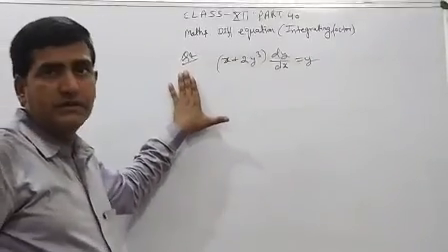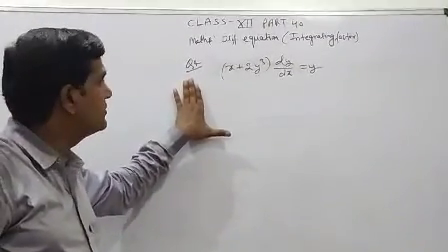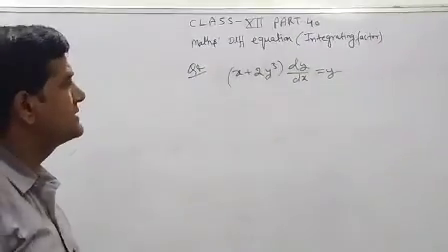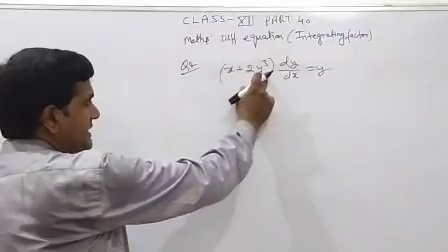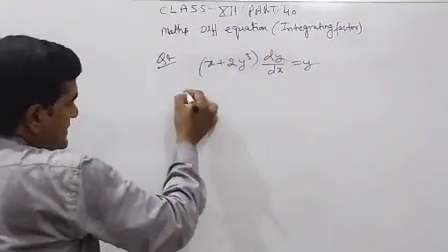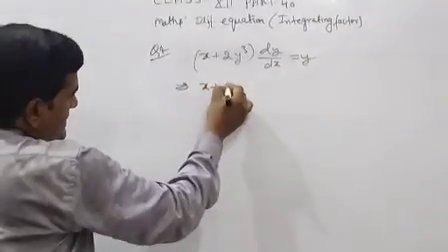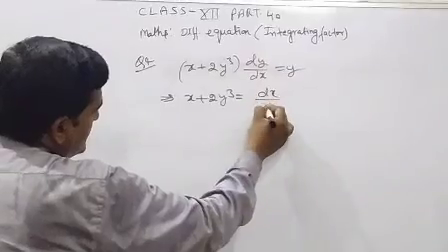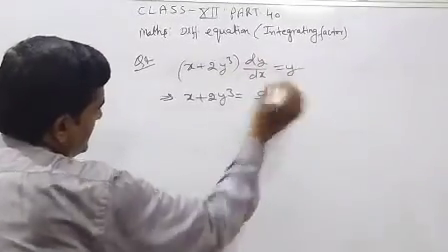Now see the next example. This is question number 4. In this question also we have to find the solution of the differential equation. x plus 2y cube dy by dx is equal to y. Clear? First of all, x plus 2y cube is equal to what? dx upon dy into y.